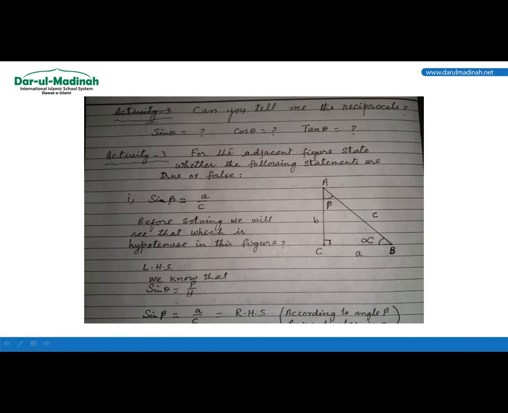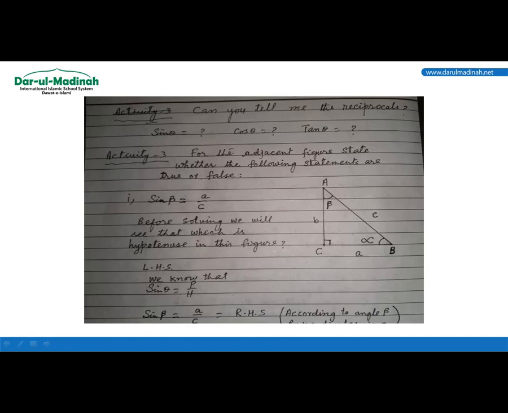So in this question we have to tell the value of sin beta. What is the perpendicular according to this angle beta? Can you tell me? Yes, A, the opposite side of the considered angle. This A is perpendicular.